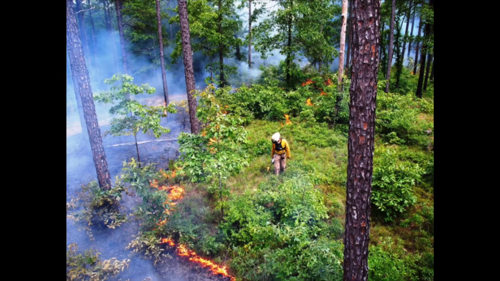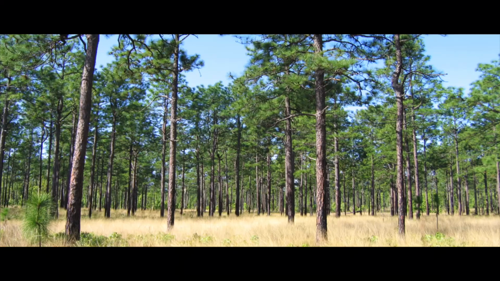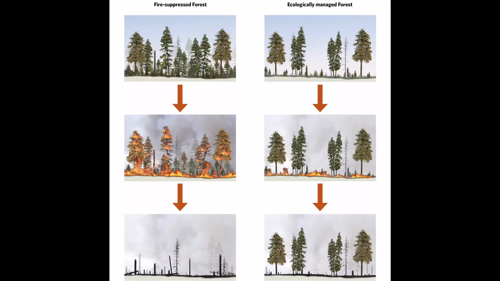So when we get this fire suppression, and say a large thunderstorm comes through and lightning strikes a tree and causes a massive wildfire, there's a much higher fuel load in that area that's been suppressed for a while. So it burns at a much higher rate, and those are the really dangerous wildfires. And we see the same thing out west all the time.